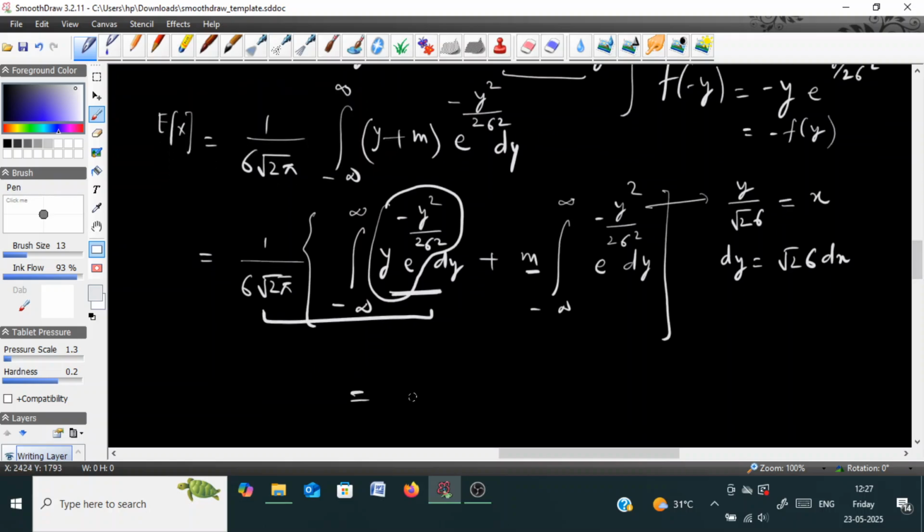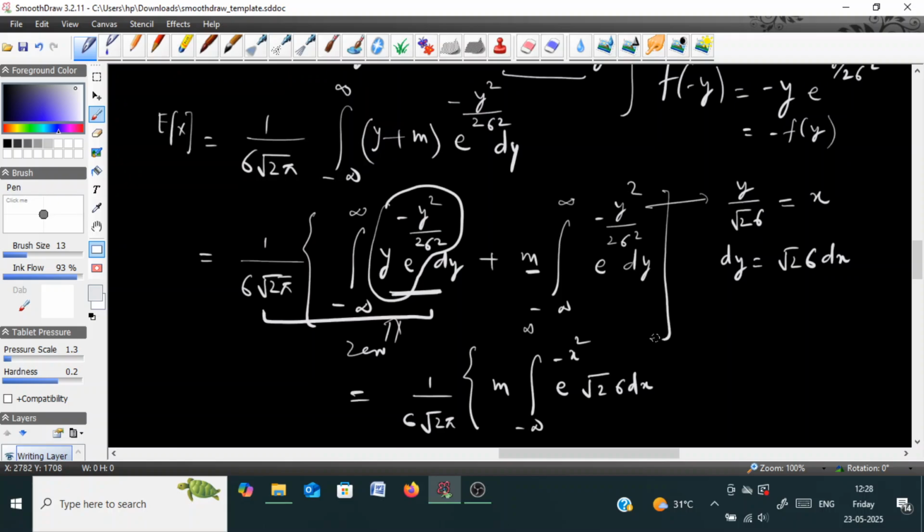This will become 1 by sigma under root 2 pi multiplied with m, because the first term is now 0, integral from minus infinity to plus infinity e raised to power minus x square, and dy is under root 2 sigma into dx.